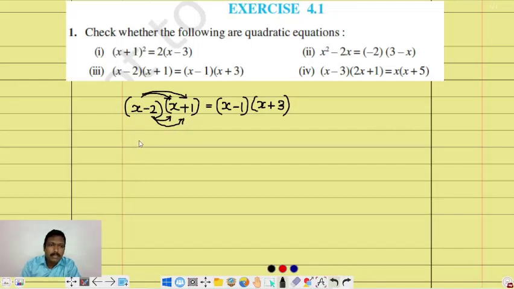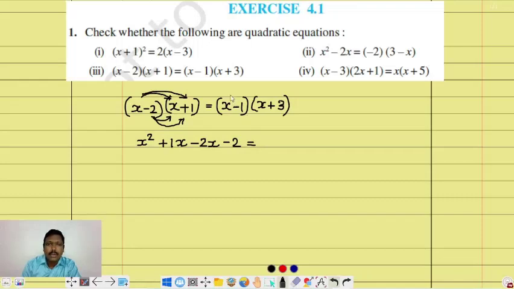So x into x will be x squared, x into 1 will be plus 1x, then minus 2 into x will be minus 2x, then minus 2 into 1 will be minus 2. Check again: first into first, x into x is x squared, then x into 1 is plus 1x, minus 2 into x is minus 2x, minus 2 into 1 is minus 2, is equal to.